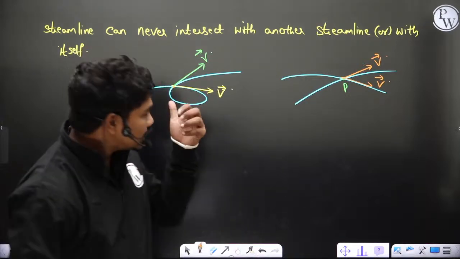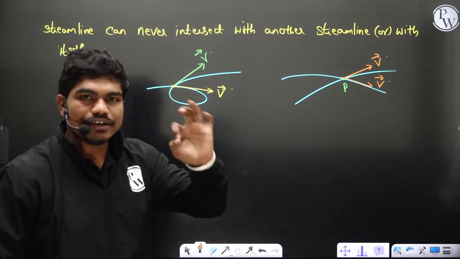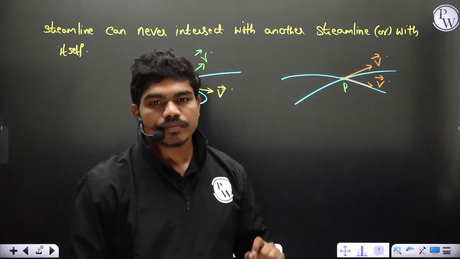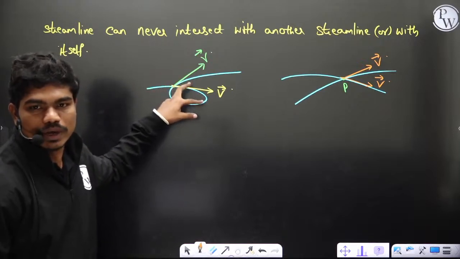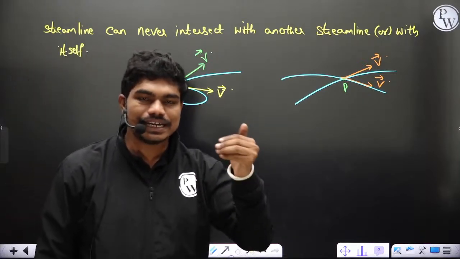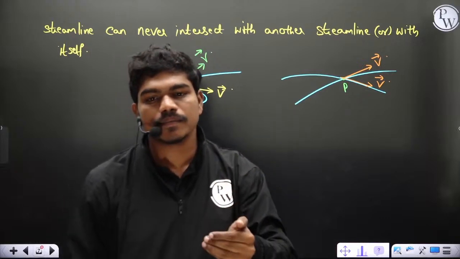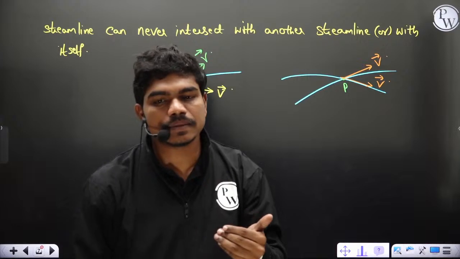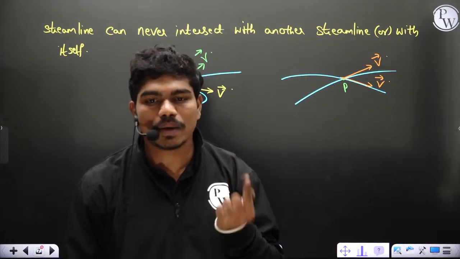So this configuration gives you two velocities at a point, but physically in a flow at a point, how many particles can stay? Mathematically there are two tangents, which means this point has two velocities, but in practice, how many particles can be there at a particular point? Only one particle, correct?